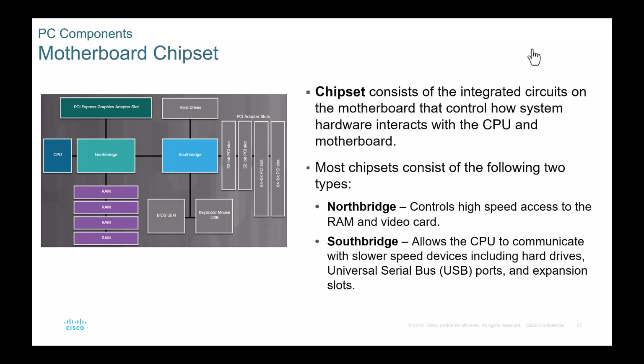Same thing with our PCI Express, our graphics slot, it's constantly making all those calculations, right? For our video, for different video games or for rendering, it's crunching a lot of small numbers very quickly. So again, we need this back and forth as soon as possible. A couple other slower things on our south bridge, that's going to be our BIOS or our UEFI. We're also going to have our keyboard and then our slower expansion slots.